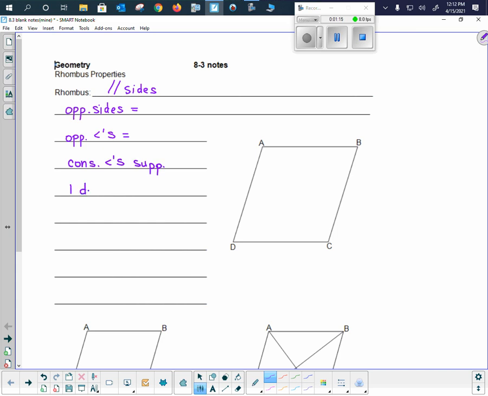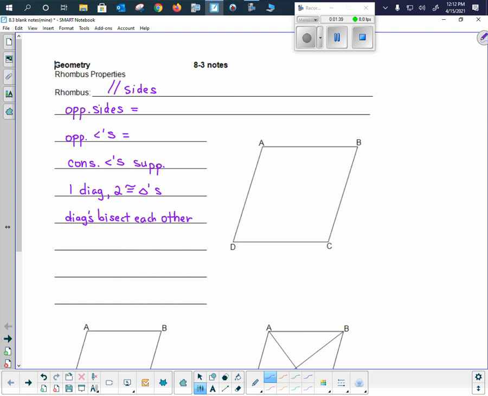Okay, just for a review, when you draw in one diagonal, it creates 2 congruent triangles. And then something about the diagonals: we need to know that diagonals bisect each other.